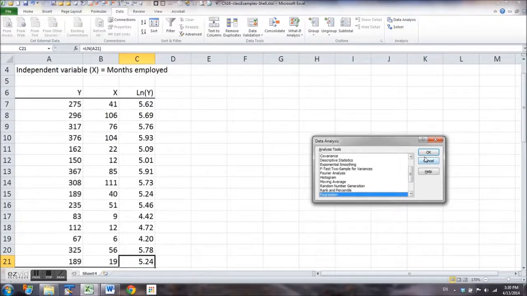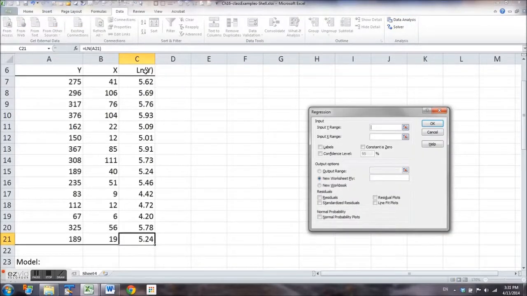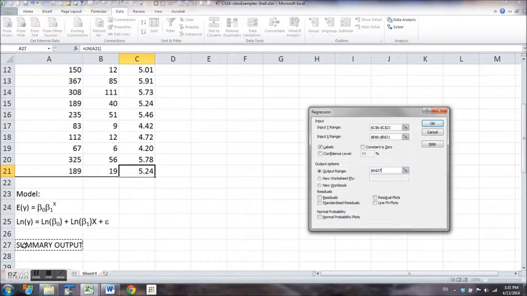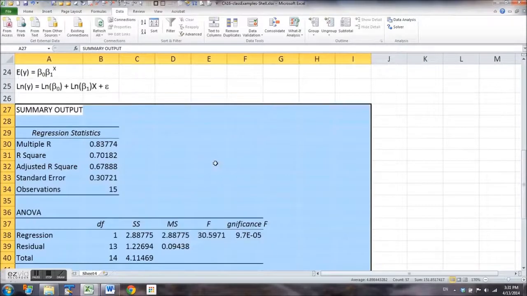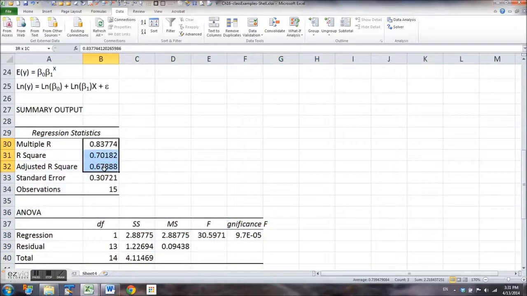Select regression. The y value is the ln of y range, not that. The x range is x itself, with labels, and let's put the output over here and format.